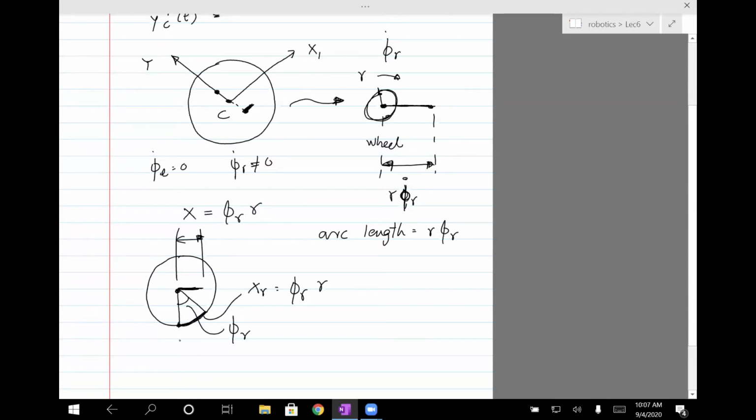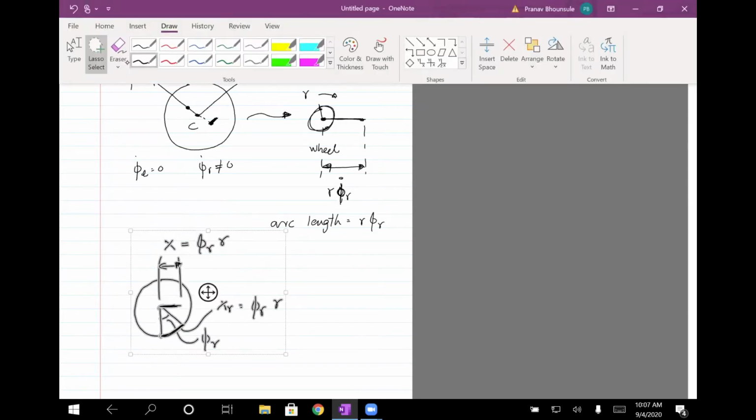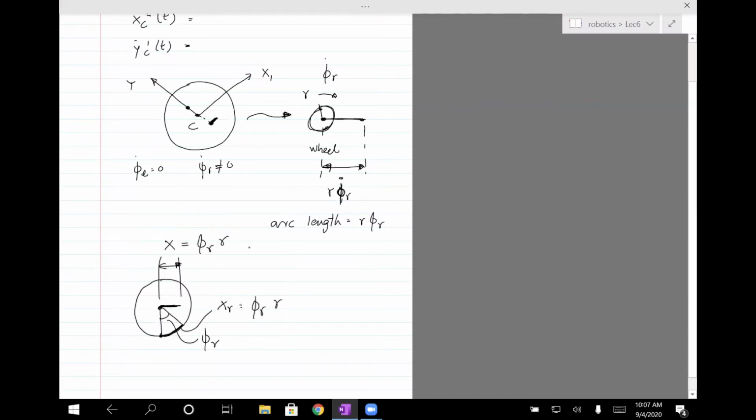And so when you take the derivative of this, you get r times phi r dot.